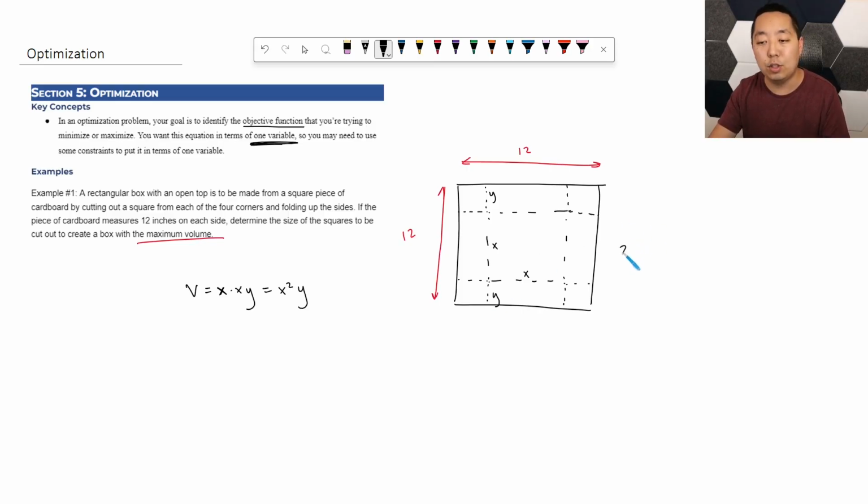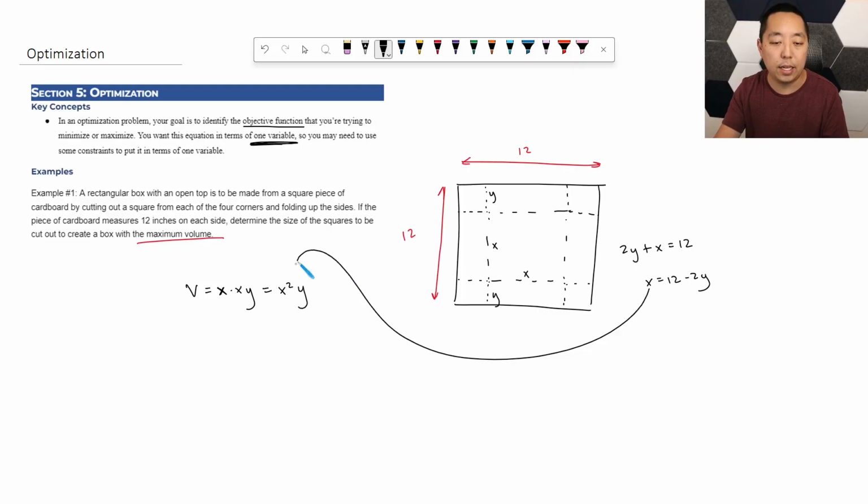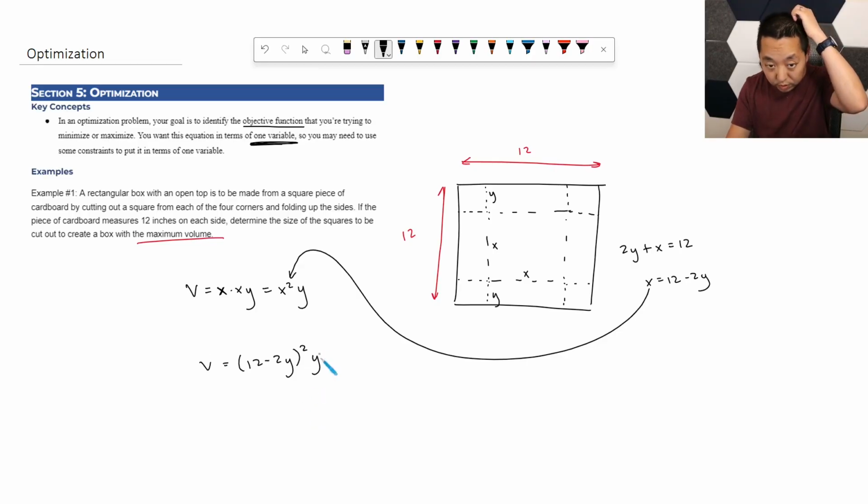That means 2y plus x has to equal 12. And I can solve for x and then plug that in to get rid of the other variable, right? So instead of x, I'm going to replace it with 12 minus 2y, squared, times y. And that's going to be my expression for the volume. Hopefully that part makes sense to you, okay?